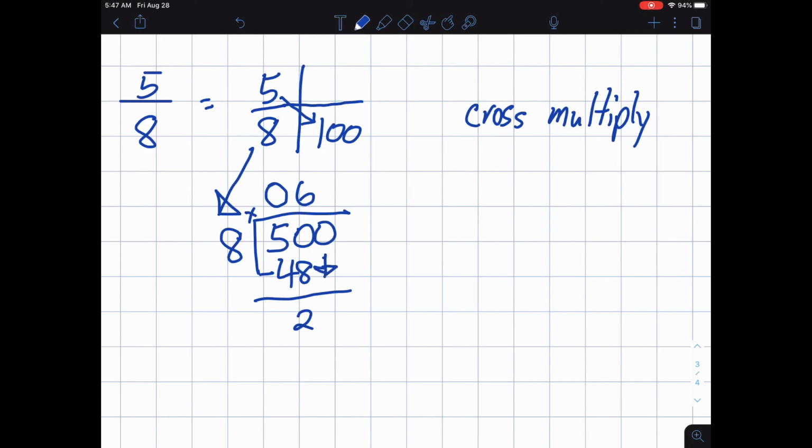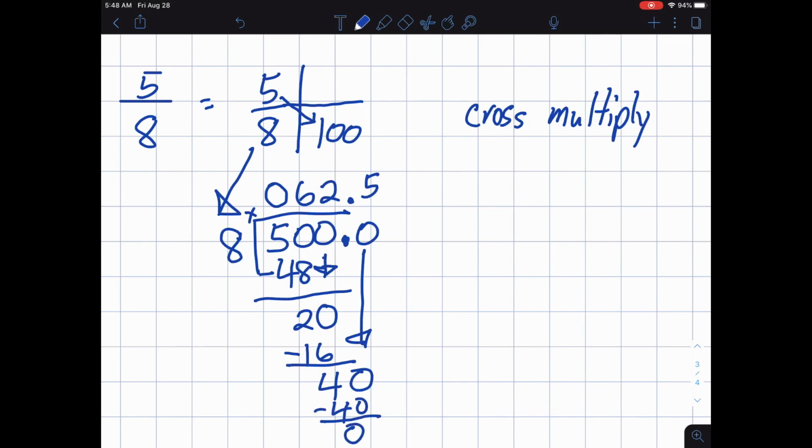Bring down 0. And then 8 goes to 20. 2 times 8, 16. Remainder 4. Now there's nothing to bring down. You know what to do. Decimal 0, decimal on top, then bring down that 0. How many 8 goes to 40? That is 5, and finish it off. No remainders.